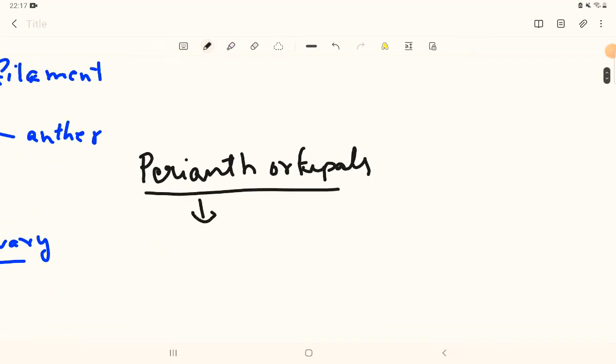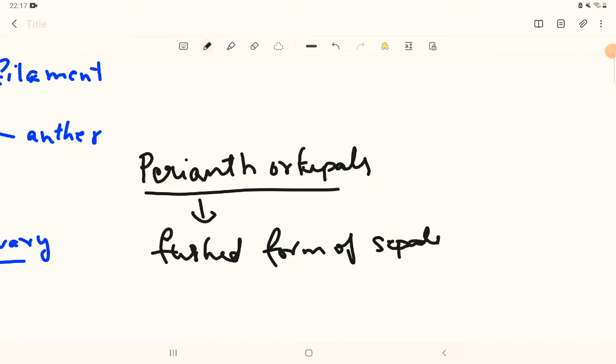This is the fused form of petals and sepals.